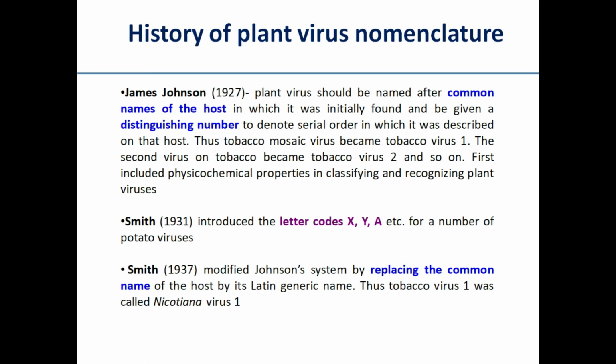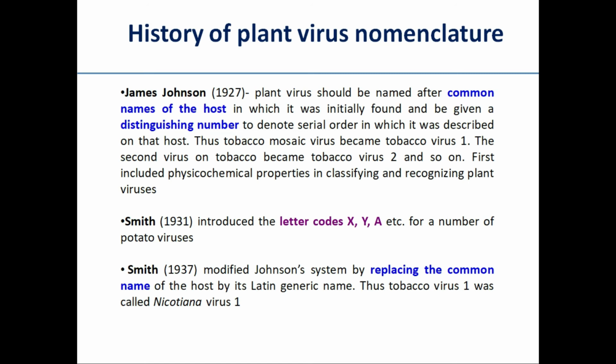James Johnson in the year 1927 opined that a plant virus should be named after the common name of the host in which it was initially found and be given a distinguishing number. So the first virus seen in tobacco should be called tobacco virus 1. The second virus should be named tobacco virus 2 and so on. It was the first proposal to name plant viruses.